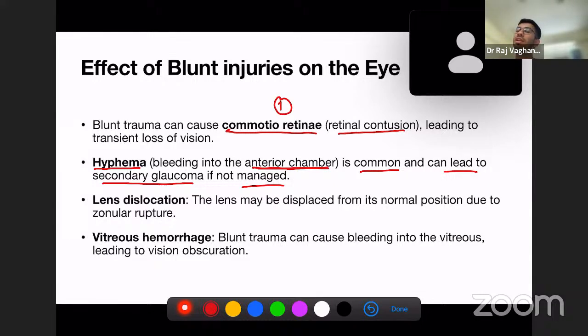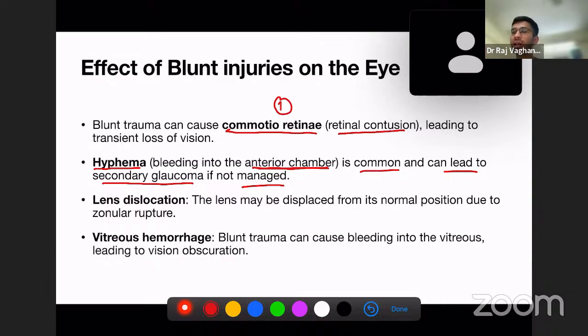So blunt injuries can also lead to hyphema. What is hyphema? Bleeding into the anterior chamber. But you will see as if the blood is coming from the cornea, so we also refer to it as accumulation of blood in the lower portion of the cornea. Since the blood is bleeding in the anterior chamber, it will accumulate only in the lower portion.